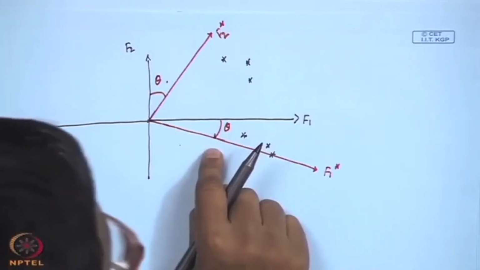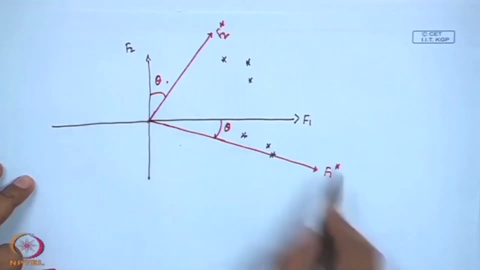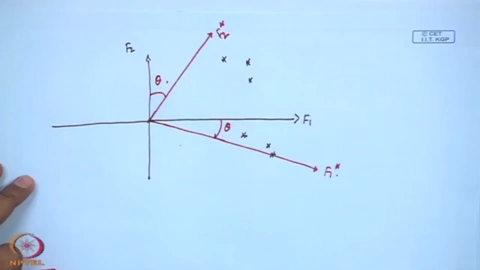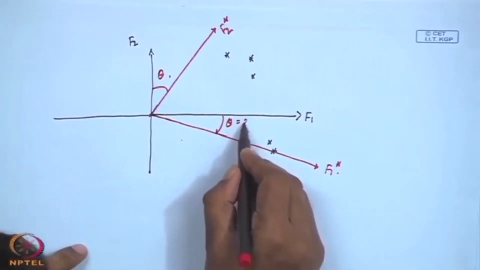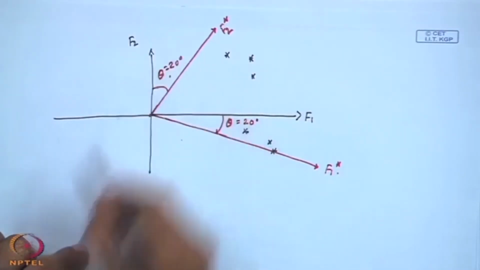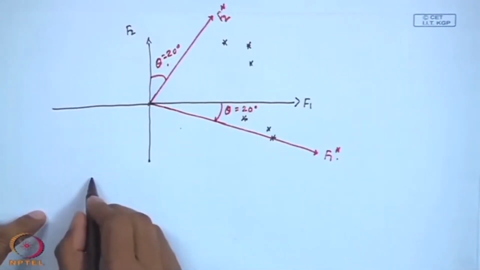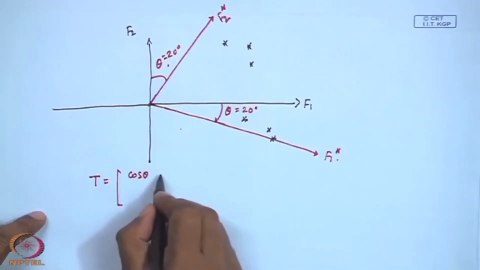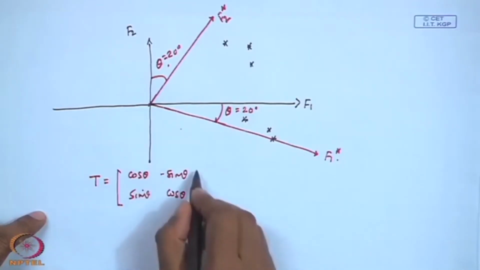If I know theta, then you will be able to find f1 star and f2 star from f1 and f2. And that is possible. For example, in this case, suppose this is equal to 20 degrees. Then, as I gave you in principal component analysis, there is a matrix T like this: cos theta, minus sin theta, then sin theta, cos theta.